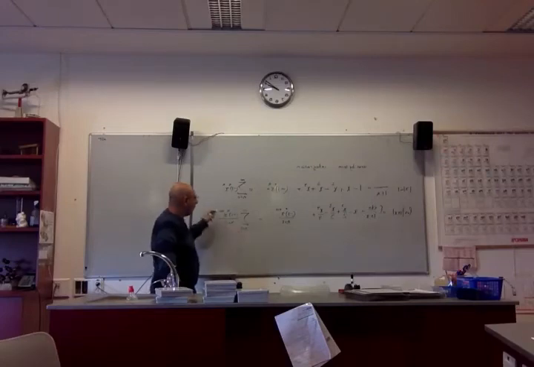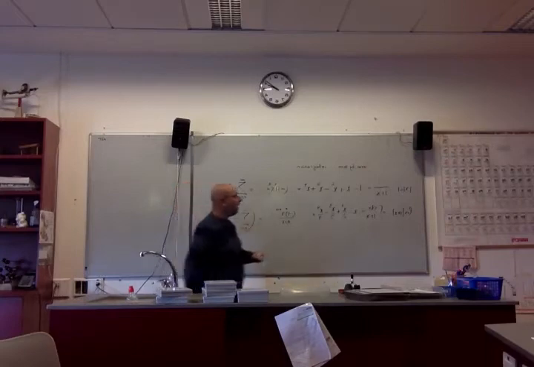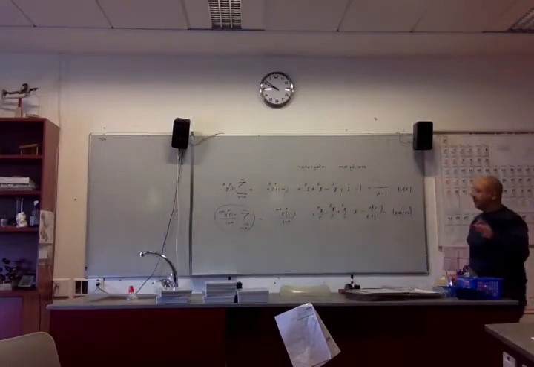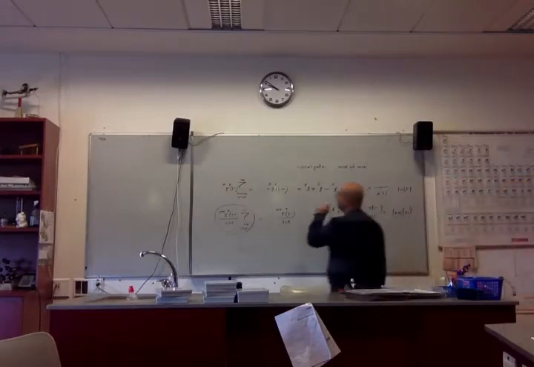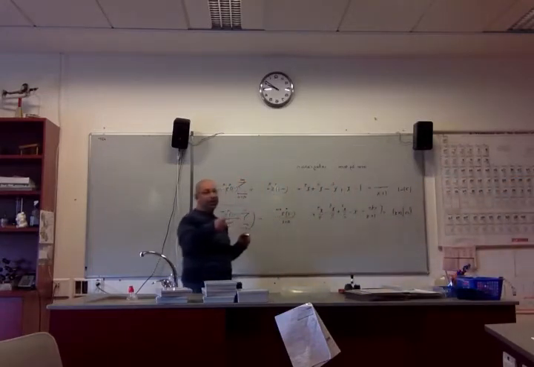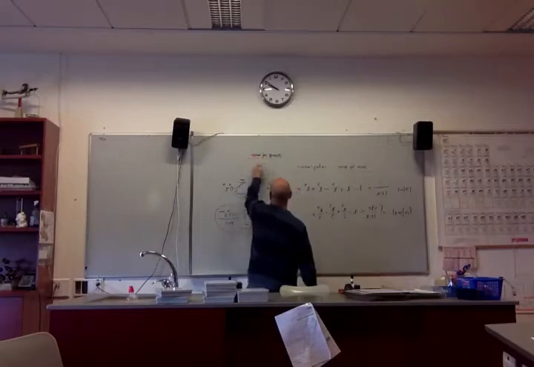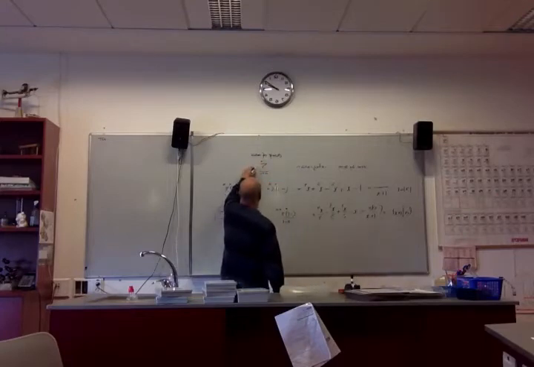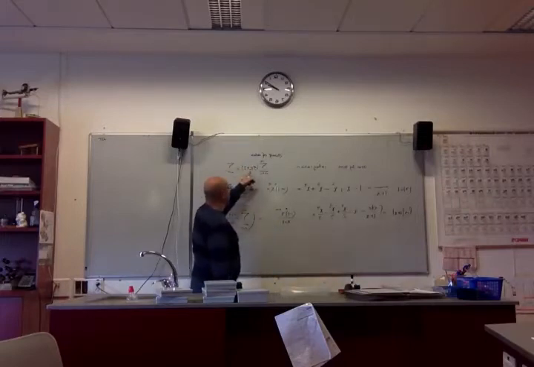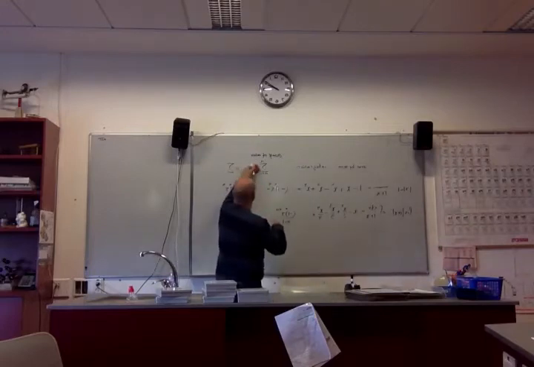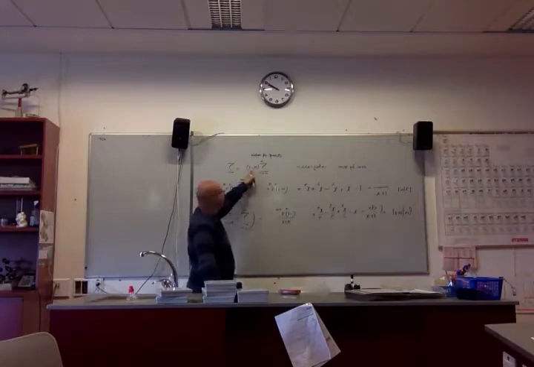Now, by the way, do you know how to change the index? I taught you last year changing the index of the sigma. So if I have n going from 2 to 13 of 5n plus 2, this is equivalent if I add 1 to this and subtract 1 from this.